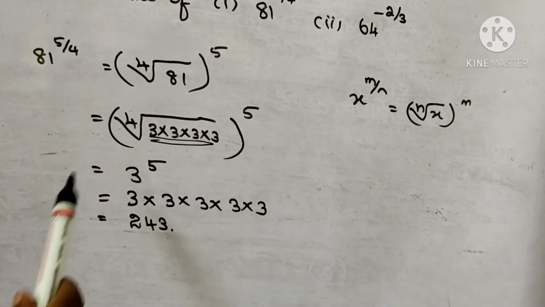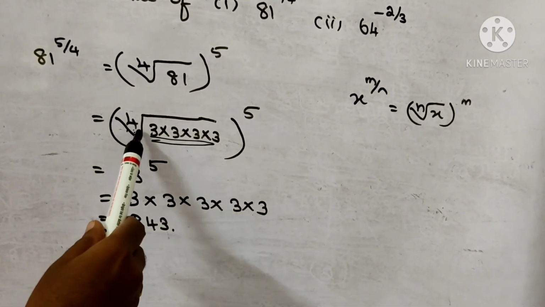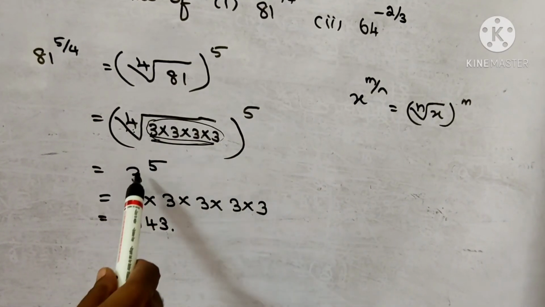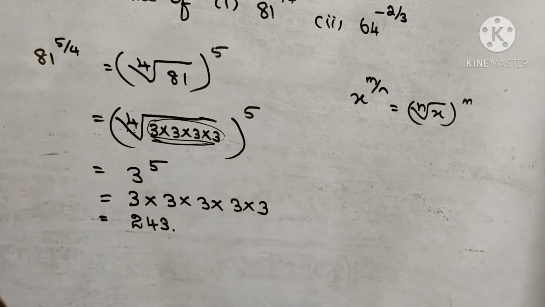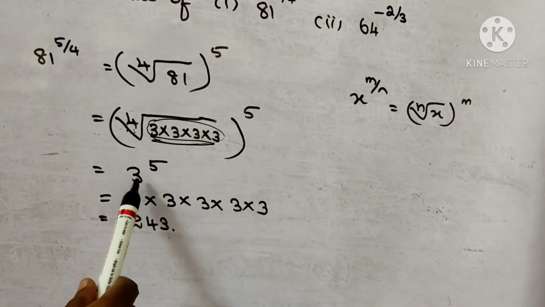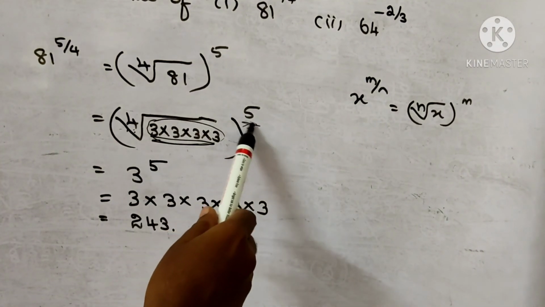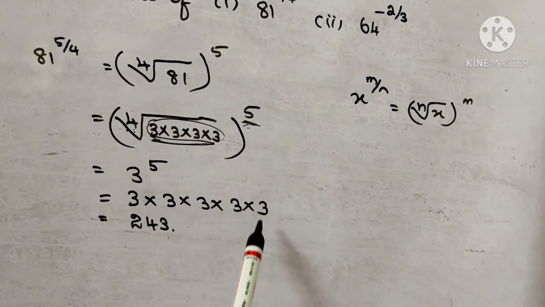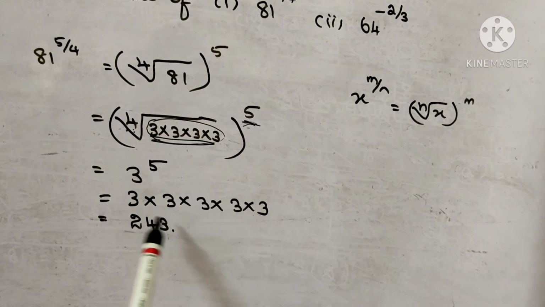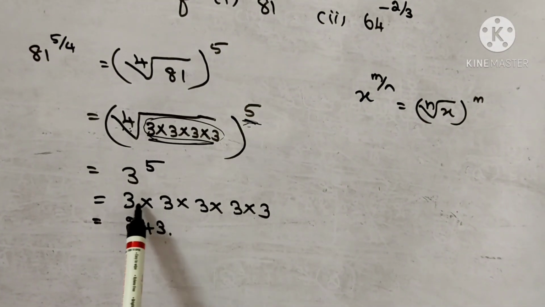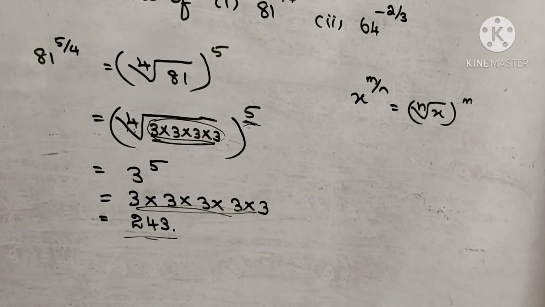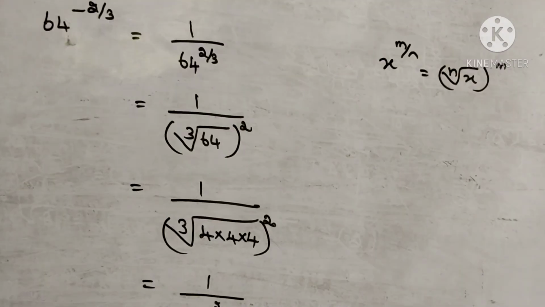For the 4th root, if a number appears 4 times inside the root, we take one of them outside. So we take one 3 outside. The exponent is 5, so 3 power 5 is 5 times 3; the product is 243.